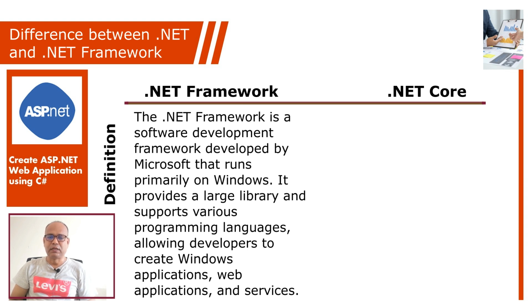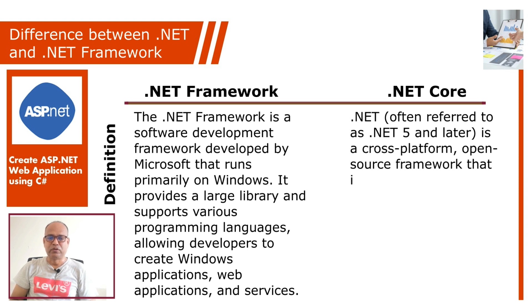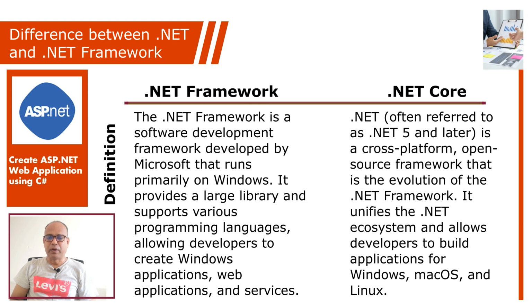It provides a large library and supports various programming languages, allowing developers to create Windows applications, web applications, and services. Whereas .NET Core, often referred to as .NET 5 and later, is a cross-platform open source framework that is the evolution of .NET Framework. It unifies the .NET ecosystem and allows developers to build applications for Windows, macOS, and Linux.